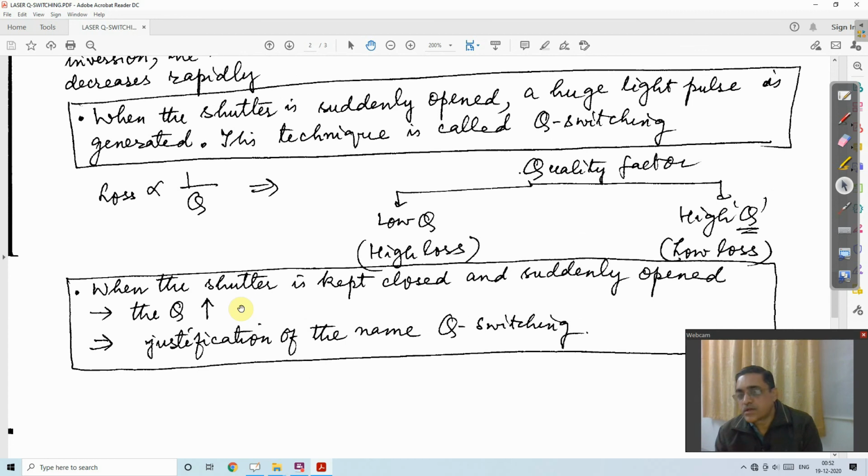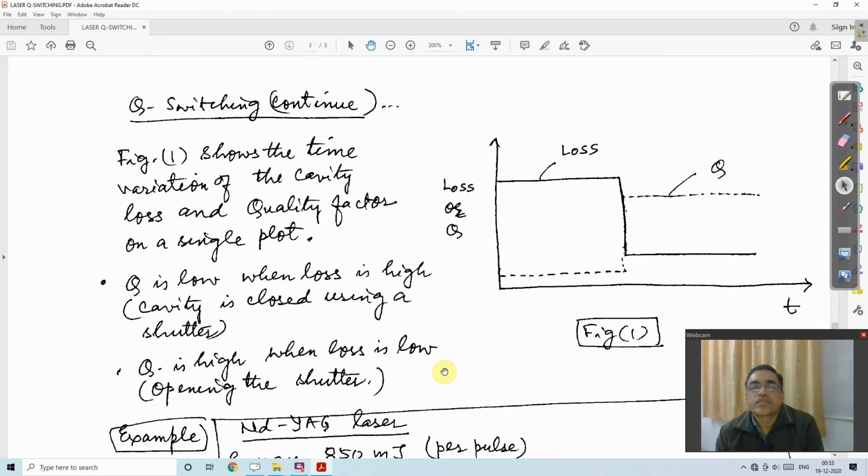Now the quality factor, as discussed: low Q means high loss and high Q means low loss. When the shutter is kept closed and suddenly opened, the Q factor switches because the loss becomes low. That is the reason it is called Q switching. Here we see a graph of loss and quality factor against time, on a single plot.